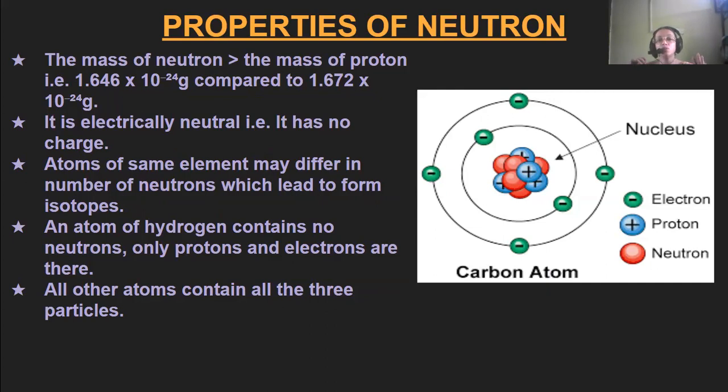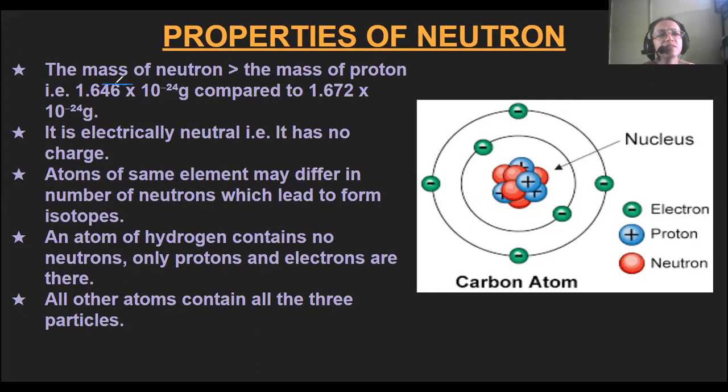I told you this: 1.676 into 10 to the power minus 24 compared to 1.672 into 10 to the power minus 24. Okay, not 1.646, it is 1.676.